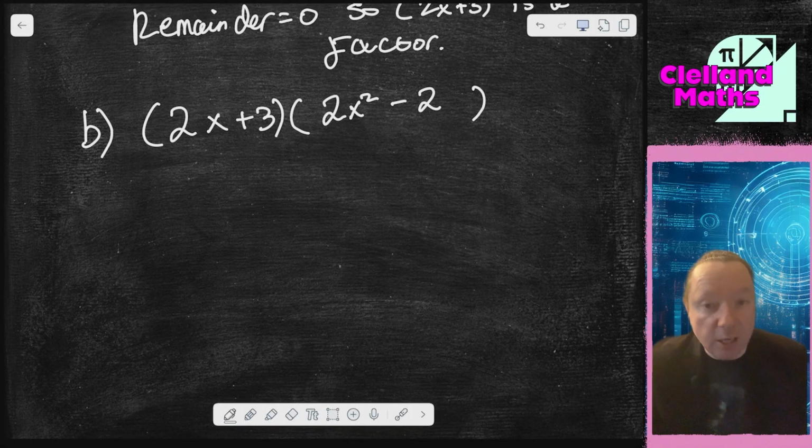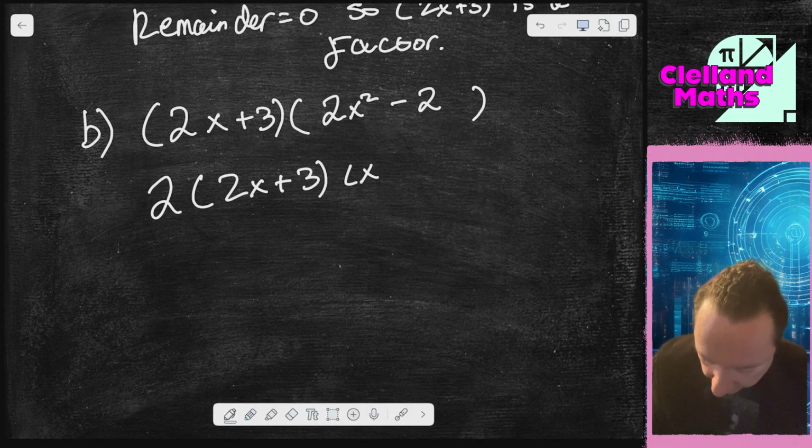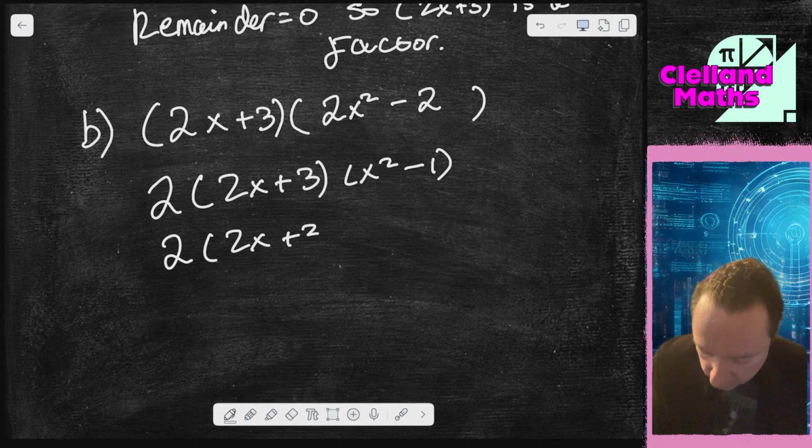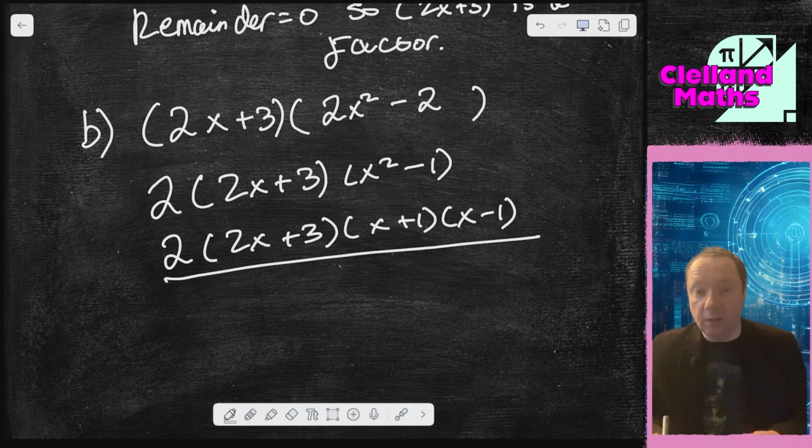Now, in this case, you need to check for common factors and you need to check if it's factorisable. So 2 is a common factor of that bracket, so that can go in front. And you get x squared minus 1, but that's a difference of 2 squares. X plus 1, x minus 1, and it only asks us to factorise it, not solve it equal to 0, so we're done there.